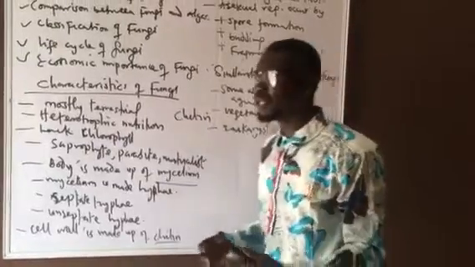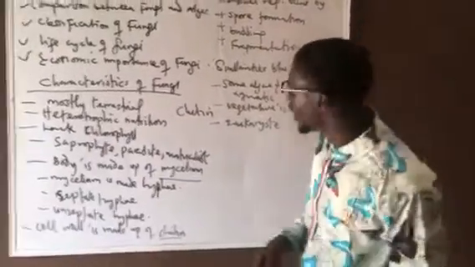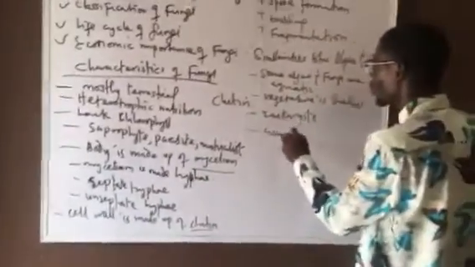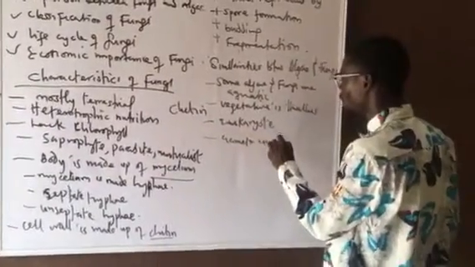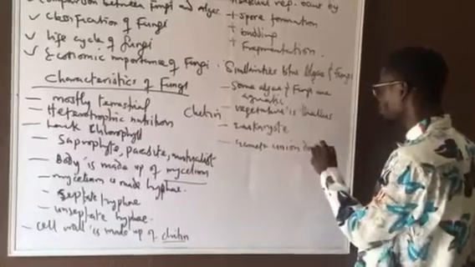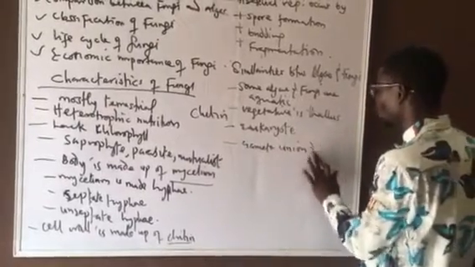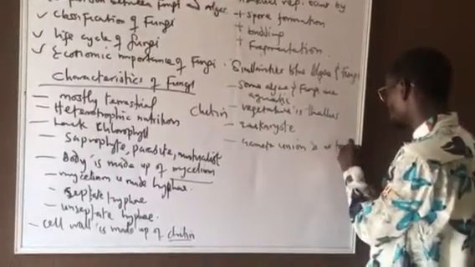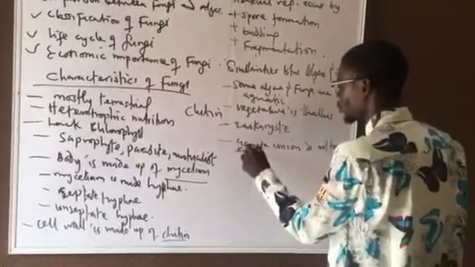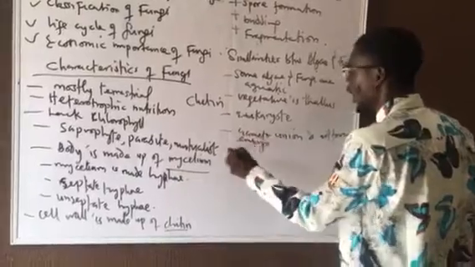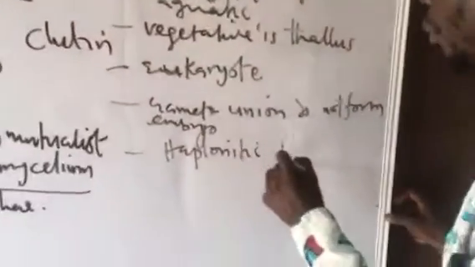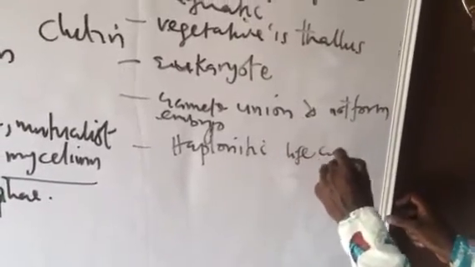And the union of their gametes does not form an embryo. They also have a haplontic life cycle.